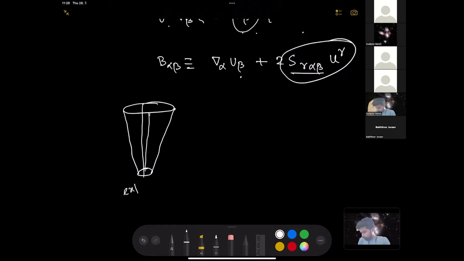So this is basically expansion. Also there can be shear. So let's say we have some circle here, and there can be shear, so it gets shrunk. Or there can be a rotation.